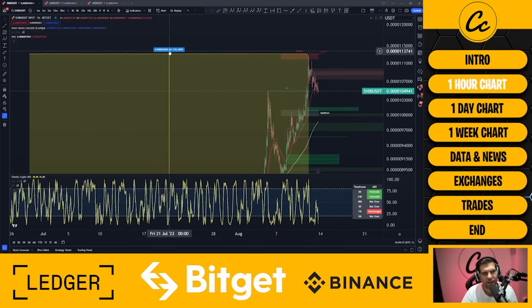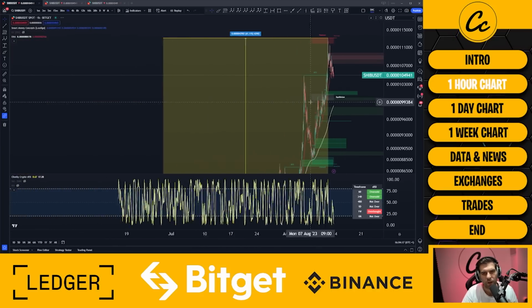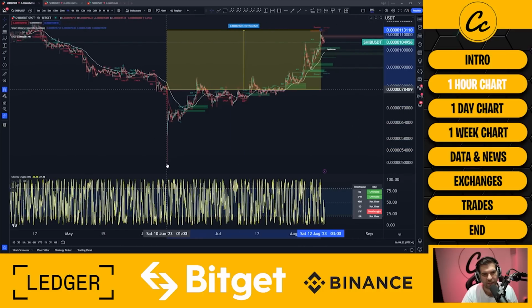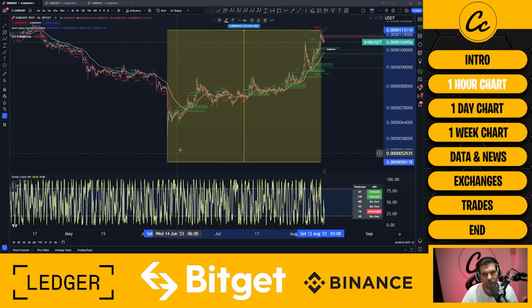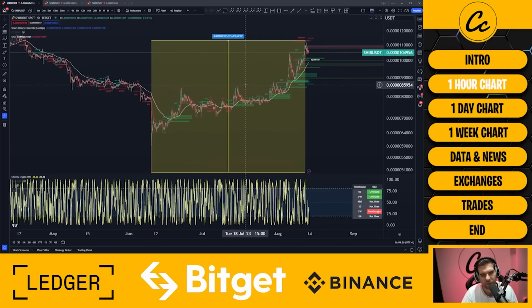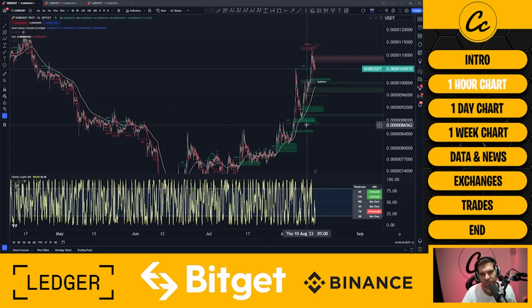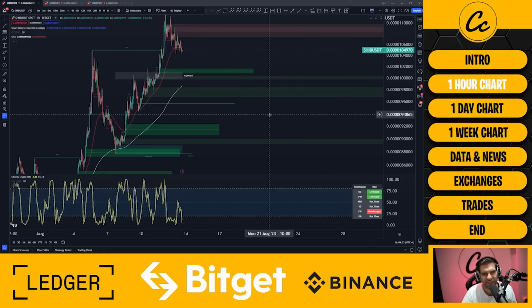This comes in at 61.11%. Now, this is the hourly time frame. If we take this even lower down into this low that we had over here on the 10th of June, you can see it's 125% up. So very, very significant moves to the upside most recently, specifically on the spot. But if you were to look at that through leverage, it's going to be absolutely insane.